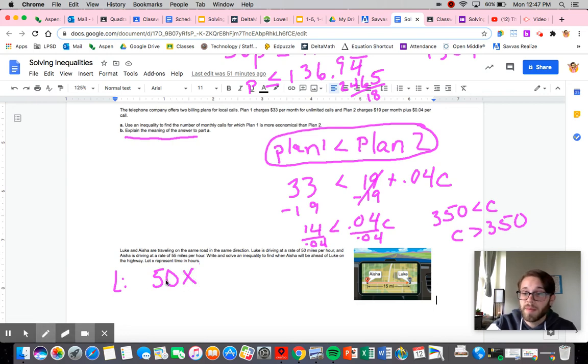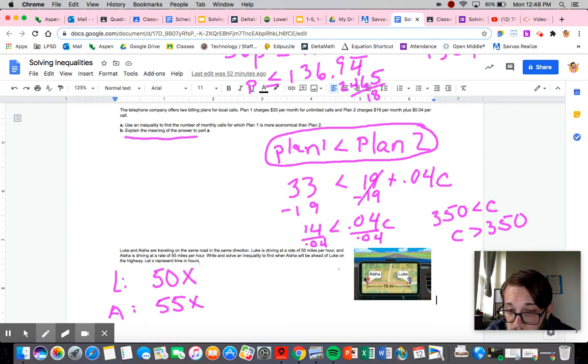So if I'm doing 50 miles an hour for X hours, that's how far I go. That's a distance. This is distance equals rate times time. Now Aisha, she's going at a rate of 55 miles per hour. So after X hours, she's gone 55 miles per hour for X hours, so she's gone that far.